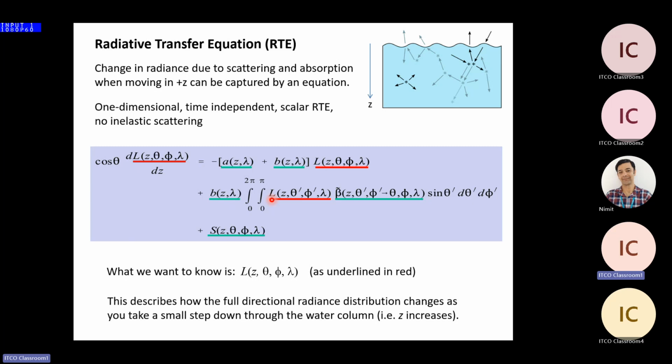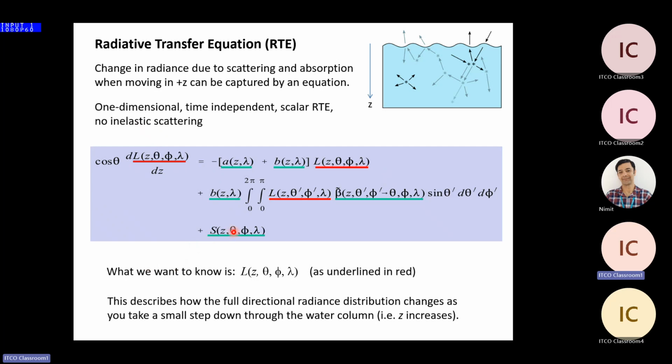So it goes over the whole sphere and says how much light is coming from a certain direction, scattering into this particular direction that we're talking about. And that's why it has the phase function here. So you go over the sphere, you've got some light coming in here, this is the direction we're talking about. What's that angle? What's the phase function? That's how much light we have scattering in from this direction. So this whole term is basically the in-scattering to the beam.